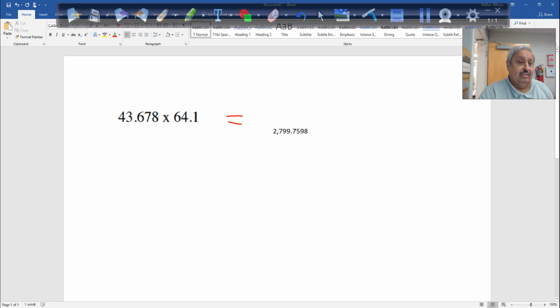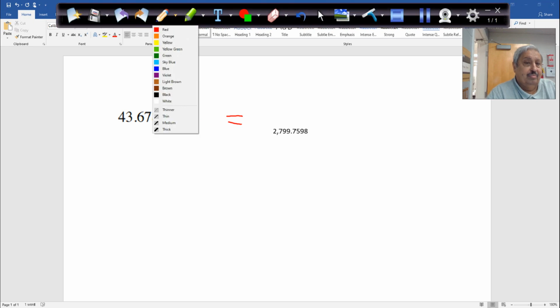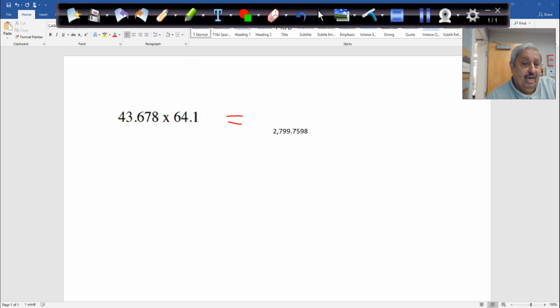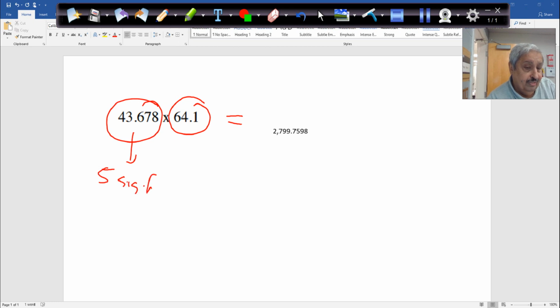That's the answer, correct? Now, if you look at multiplication and division, I look at the whole sig figs, not digits after the decimal. But addition and subtraction, you look at the digits after the decimal. But here I look at the whole thing. So how many sig figs do I have? 5 sig figs, correct? And how many here do I have? So the winner will be the least sig figs.